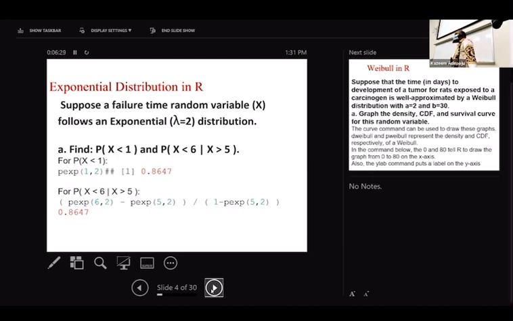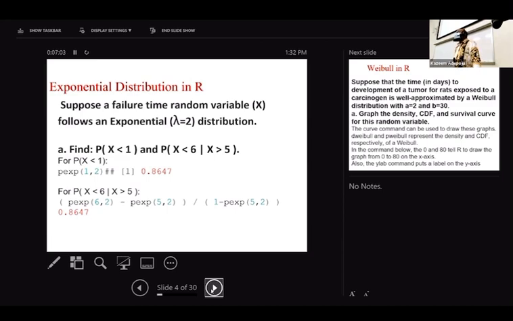It means the exponential distribution is not appropriate for some situations where the failure rate is not constant over time, because in survival analysis or in reliability studies the failure rate is not always constant. We could have a situation where the failure rate increases over time or decreases over time.